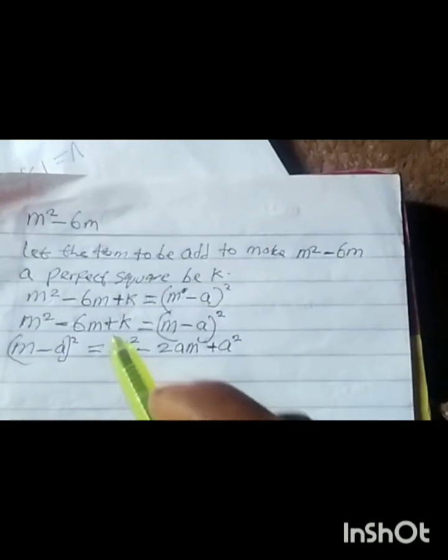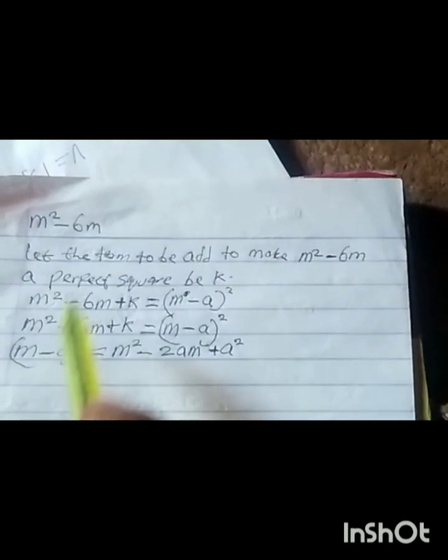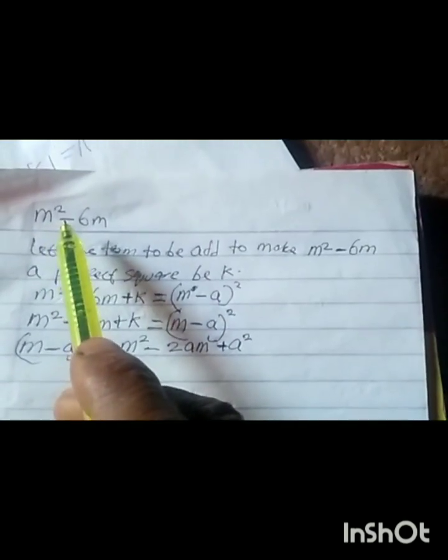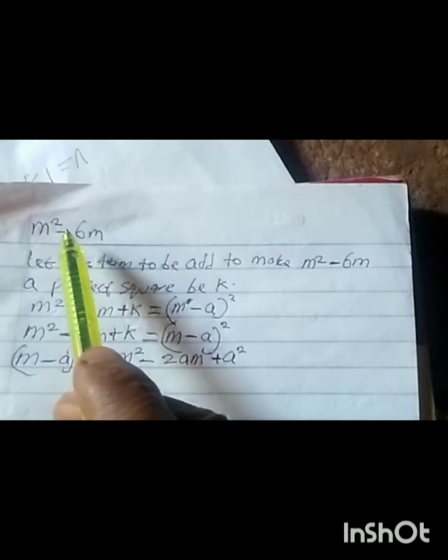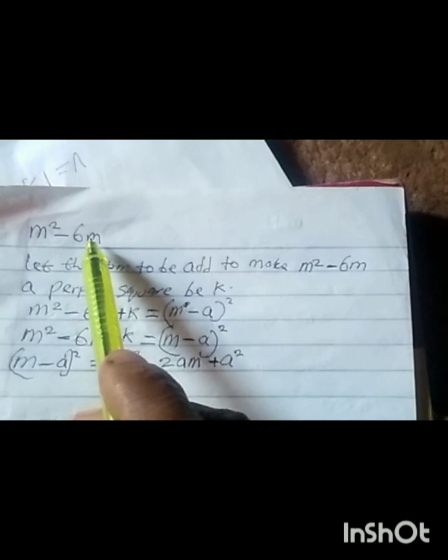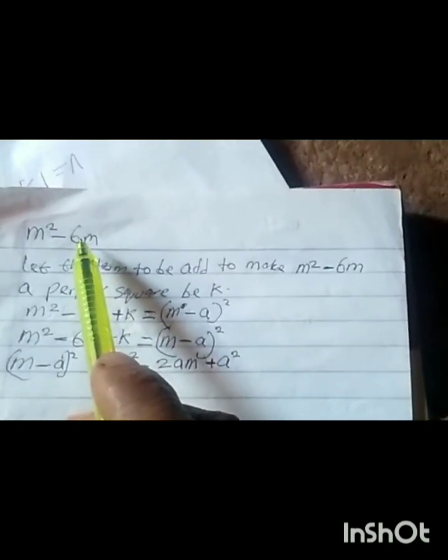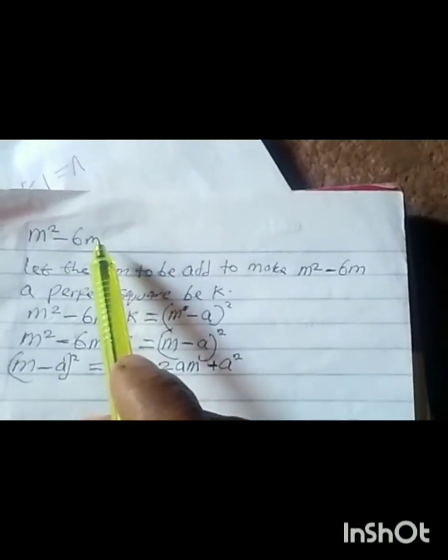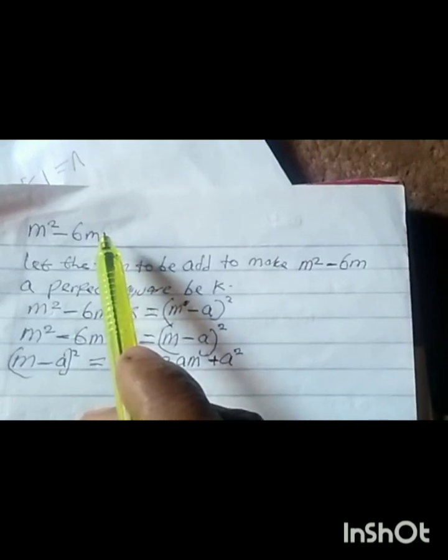All right, so now let's compare it with the expression that was given to us. We are given m squared minus 6m, and we should find a term that will be added to m squared minus 6m to make it a perfect square expression.